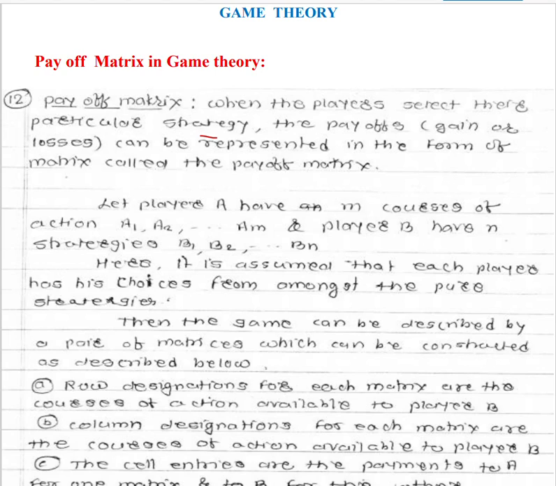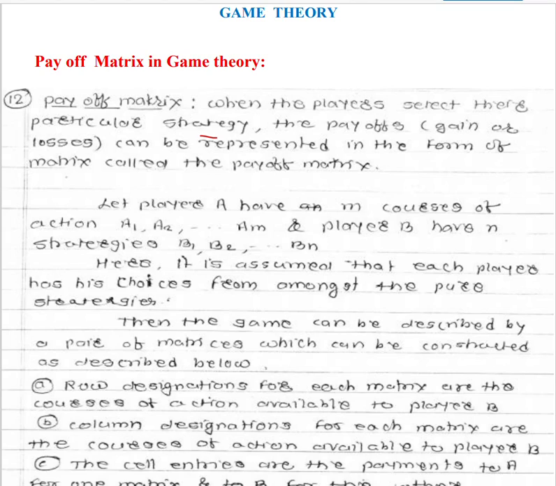The gains and losses of the players are shown in the form of a matrix, so that matrix is called a payoff matrix. That means the positive entries, gains, and negative entries, losses, can be shown in the matrix, and that matrix is called a payoff matrix.